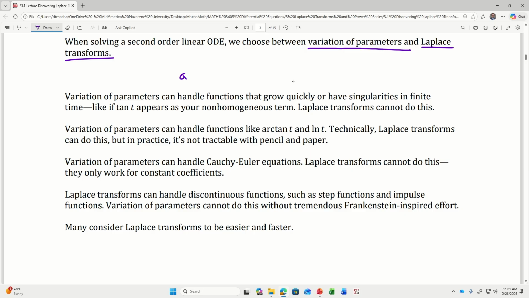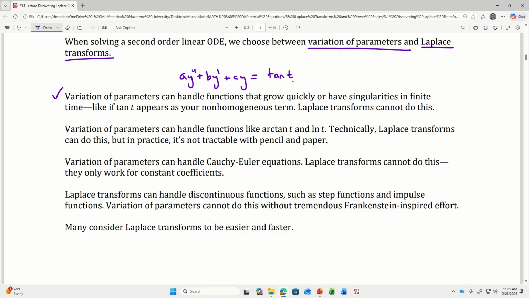Like, what if your ODE looks like this? Tangent t has some singularities, some vertical asymptotes, if you want to call them that. And so Laplace transforms can't handle that. You can't take a Laplace transform of tangent. But you could do variation of parameters. And I think we have done that in a previous lecture.